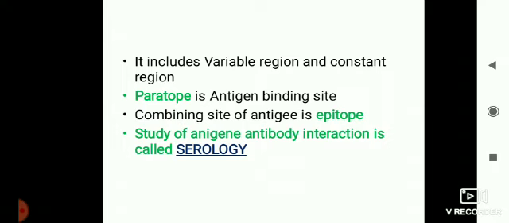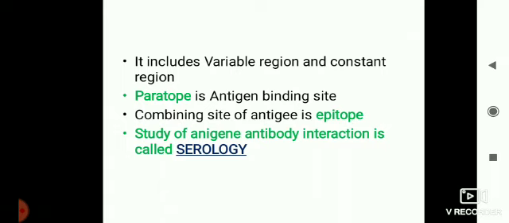It includes a variable region, because the variable region will adjust to the attachment to the antigen, and it has a constant region. Paratope is the antigen binding site on the antibody, and the combining site of the antigen is epitope.